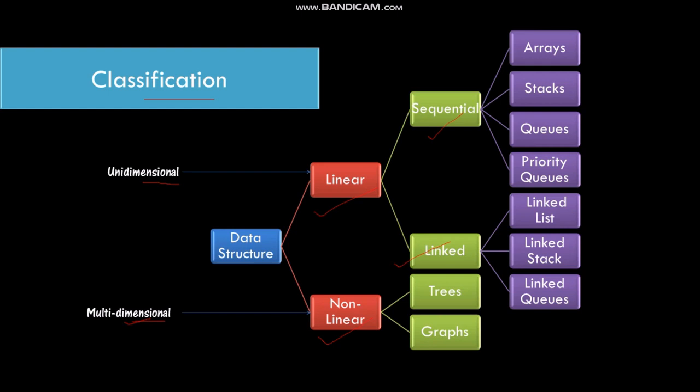The sequential can be seen as arrays, stacks, queues, priority queues, etc., and the linked representation has linked list, linked stack, linked queues. When we talk about the nonlinear having multidimensional formulation, trees and graphs are the nonlinear representation of the data structure.